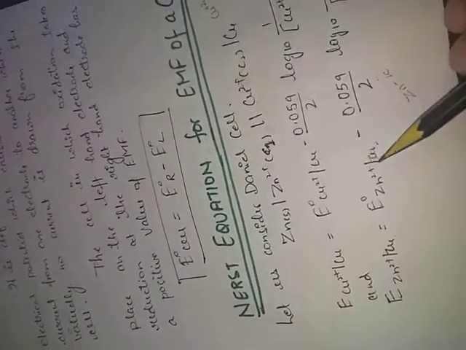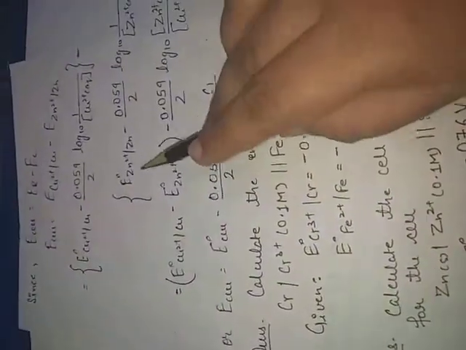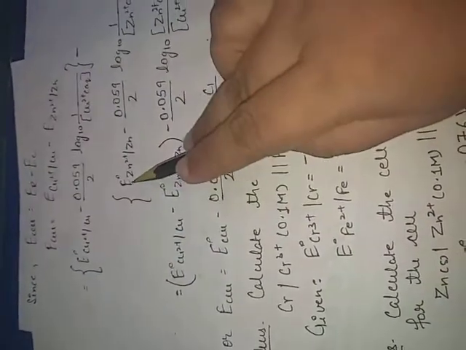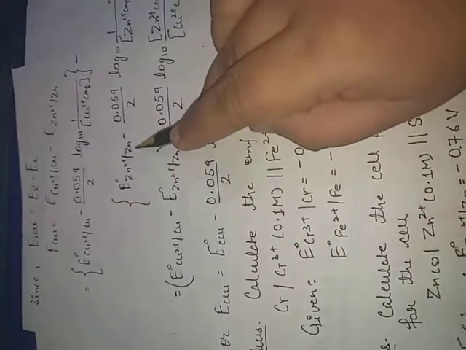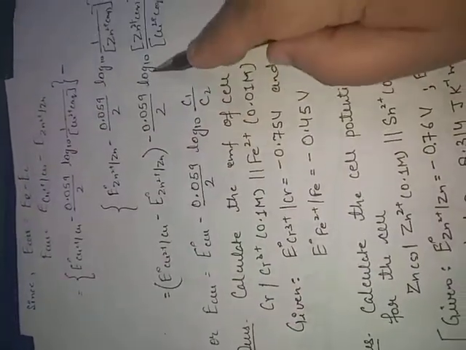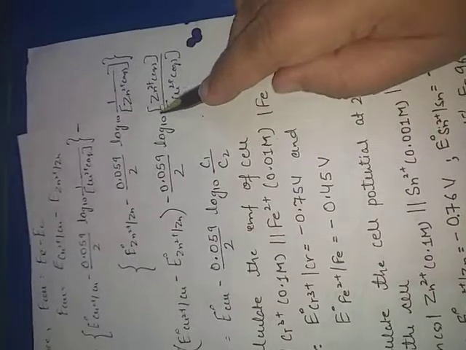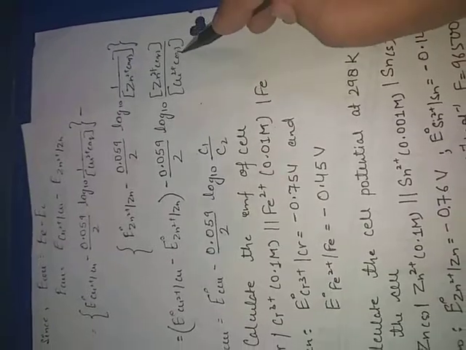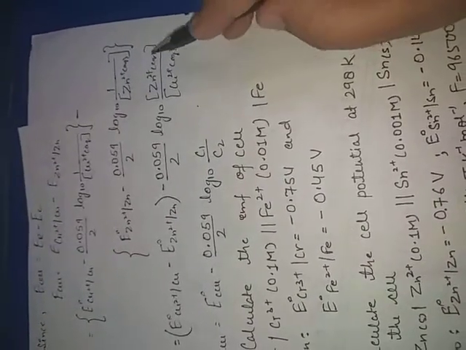This minus this will do. Then it will be E naught Cu2 plus oblique Cu minus E naught Zn 2 plus oblique Zn minus 0.059 upon 2 log base 10, which is common for both, of Zn 2 plus aqueous upon Cu2 plus aqueous, anode upon cathode. Okay, it is like that.